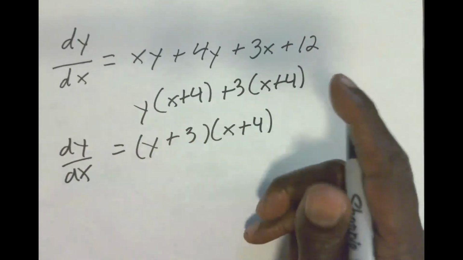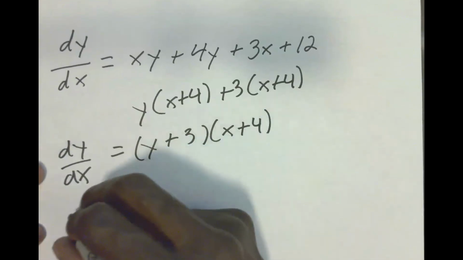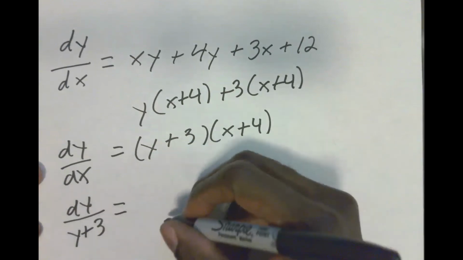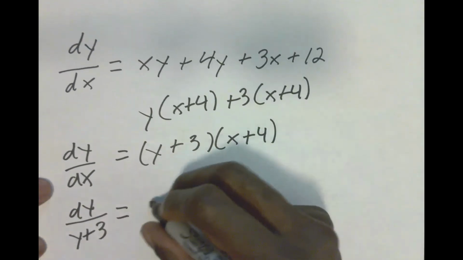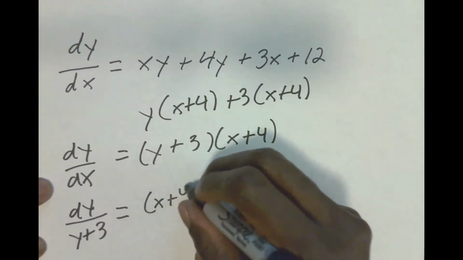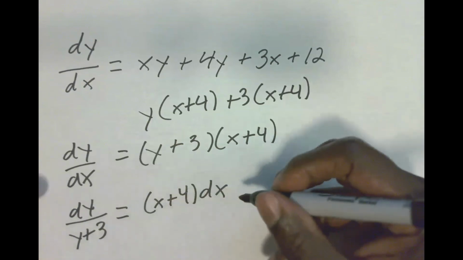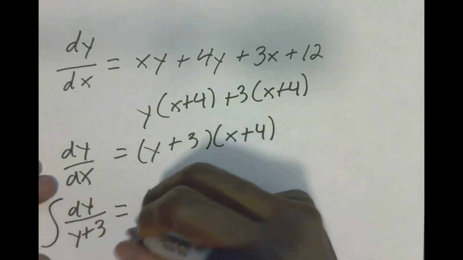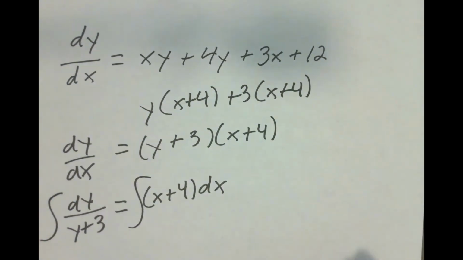And so there we can easily separate, and it will be dy over y plus 3 equals x plus 4 dx. And first we separate, and then we integrate. Just follow these steps and you will do great.